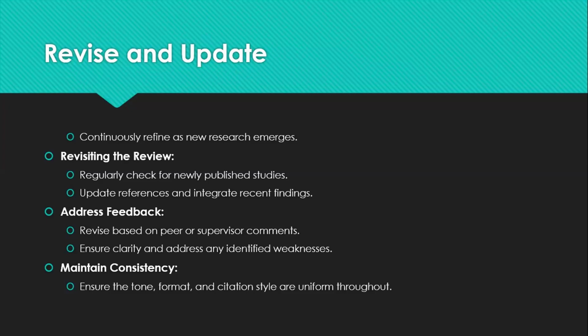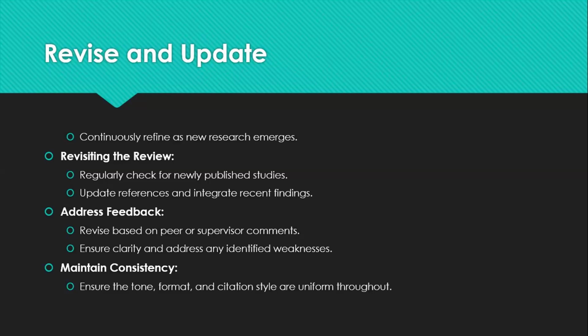Feedback is based on peer and supervisor comments, so seek feedback from peers or academic mentors. Their suggestions will help to identify areas of improvement in terms of clarity, depth, consistency, and structure, and also help to identify your weaknesses.